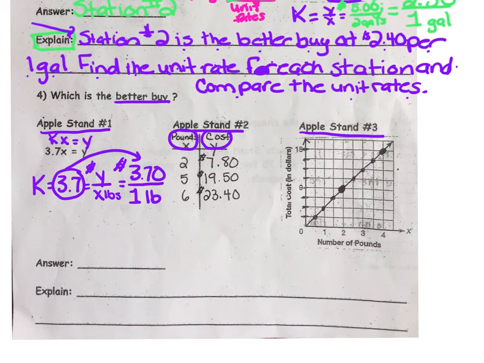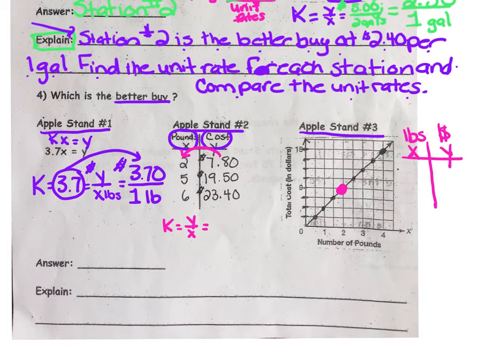For stand 2, you're going to find the unit rate by putting Y over X and reducing. For stand number 3, you're going to make a T table with Y still being the cost and X still representing the different amounts of apples in pounds.